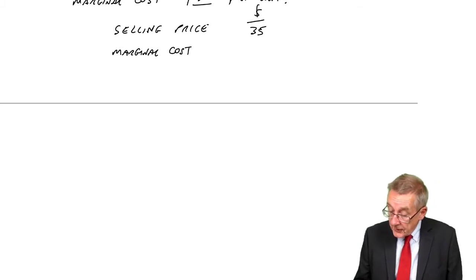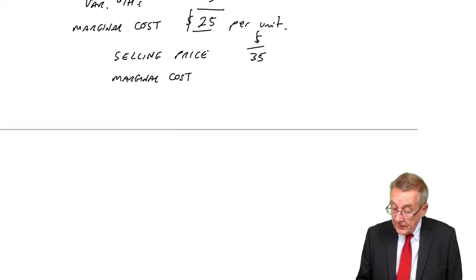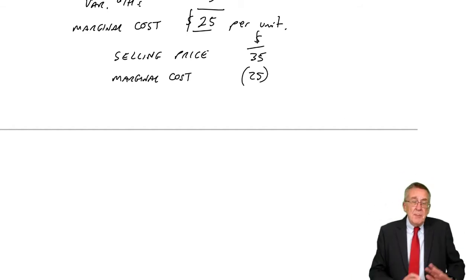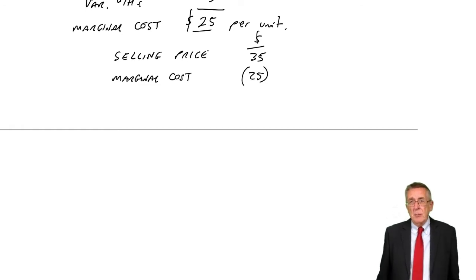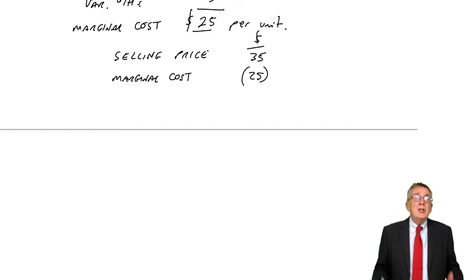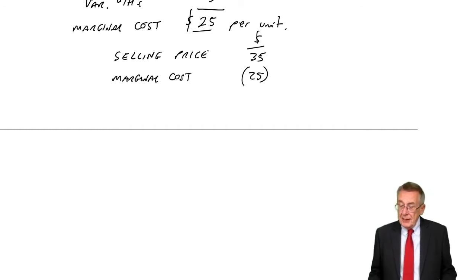I just worked out the cost card is 25 a unit. Again, there are fixed costs. For the moment, we'll forget about them. We'll bring them in later. But let's work out what the profit would be if there were no fixed costs.